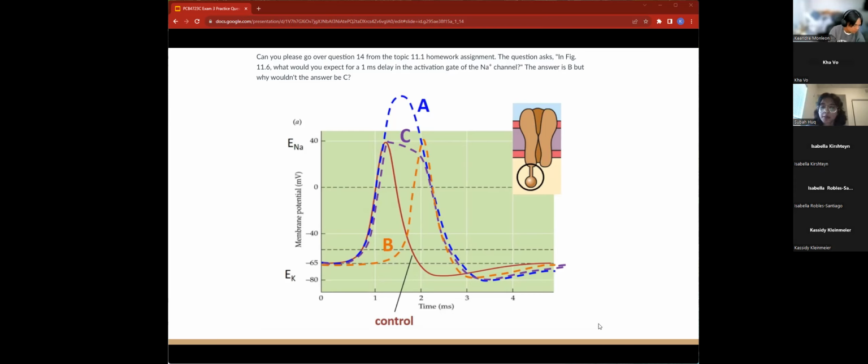For that to happen, you could increase the amount of extracellular sodium, the amount of sodium outside of the cell. If you increase that by a lot, that's going to end up increasing the membrane potential. So A would be possible if you increase extracellular sodium concentration.